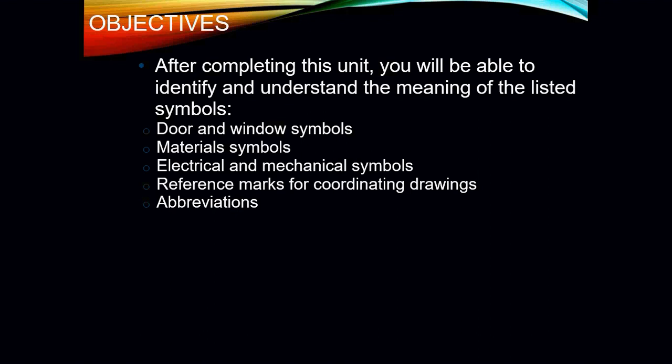We're also going to discuss reference marks for coordinating drawings, some of the symbols that are commonly found on blueprints, and briefly some of the abbreviations that you may commonly see on these prints.